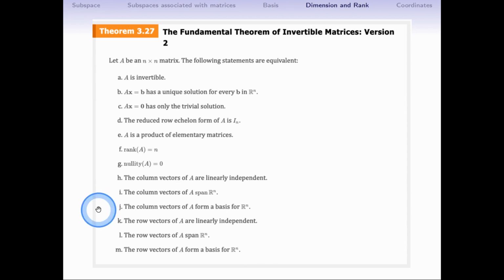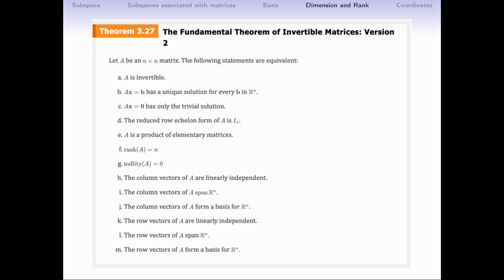Statement J says that the column vectors of A form a basis for Rn. Statement K says that the row vectors of A are linearly independent. Statement L says that the row vectors of A span Rn. And finally, statement M says that the row vectors of A form a basis for Rn.